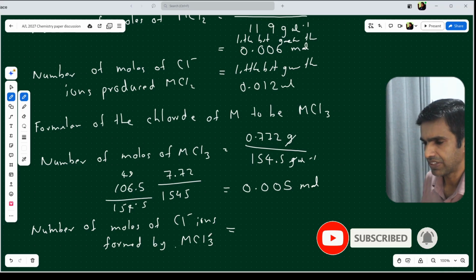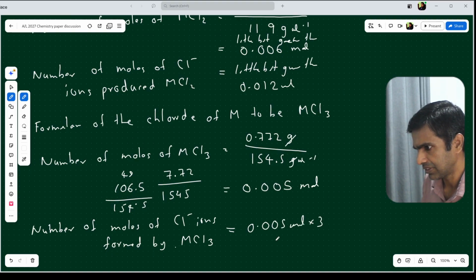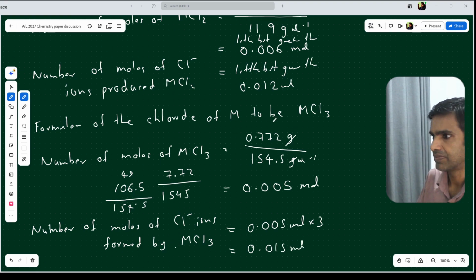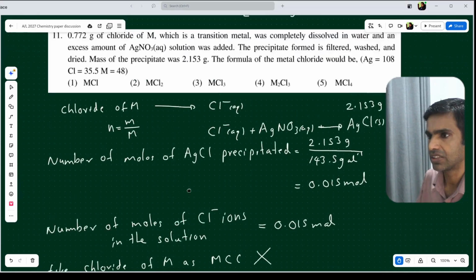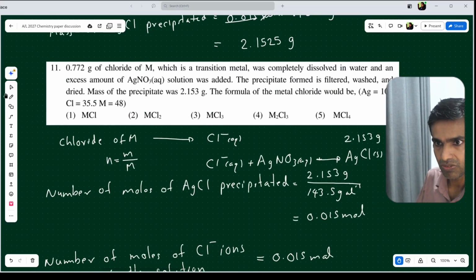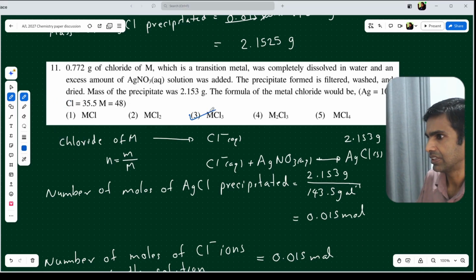So it's clear that when we consider 1 mole of MCl3, there are 3 moles of chloride ions, which means 0.005 moles times 3, 0.015 moles. That means the formula of the chloride of M is MCl3. Therefore, the correct answer for this question is the third one. We don't need to bother about the fourth and fifth answers as we found the correct answer.